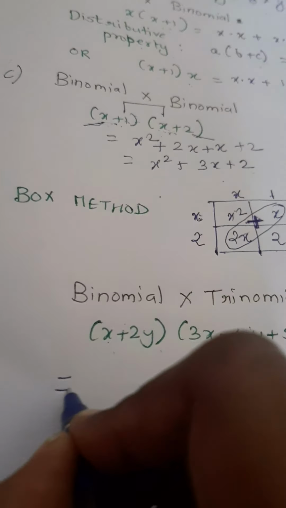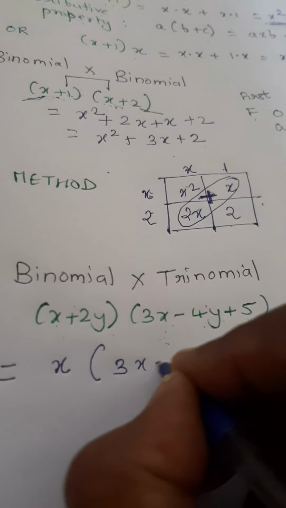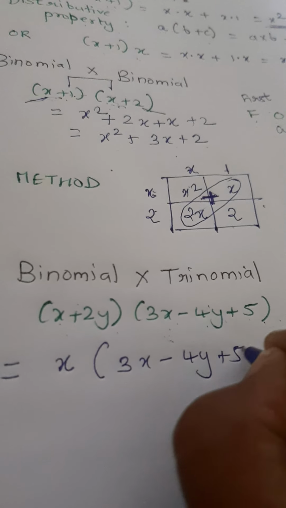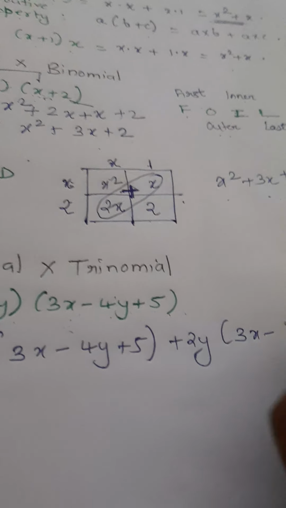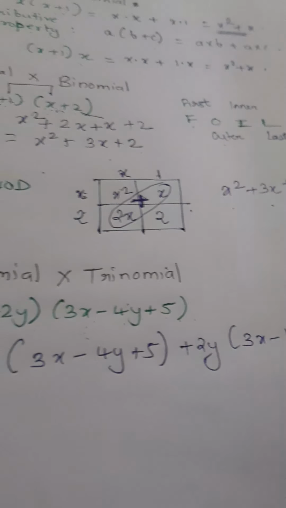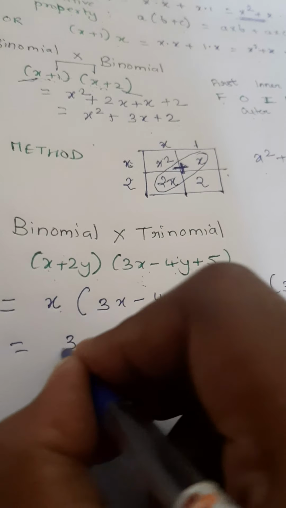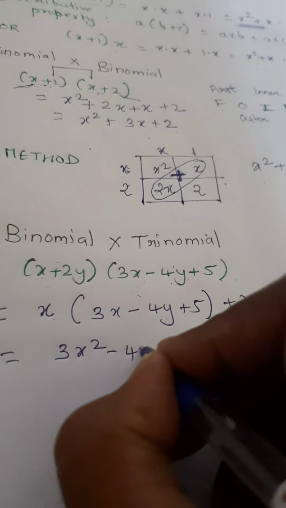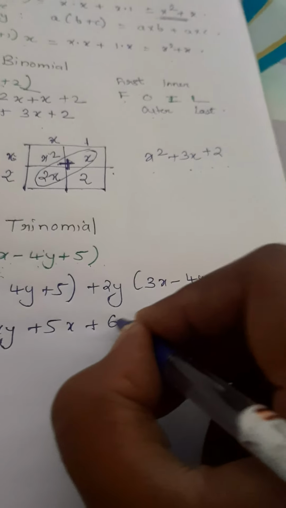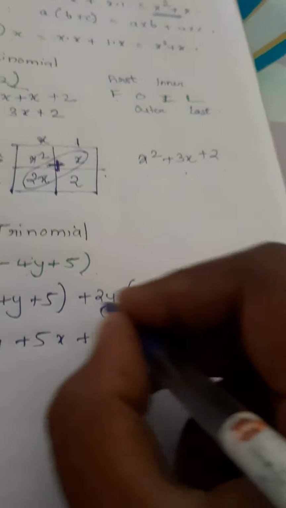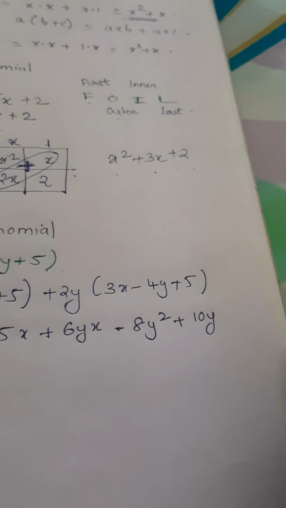Or what you can do is simply x into the entire trinomial plus 2y into the entire trinomial. Okay, so multiply x with each term, so it will be 3x square minus 4xy plus 5x, plus 2 into 3 is 6yx, minus 2 into 4 is 8y square, plus 2 fives are 10y.